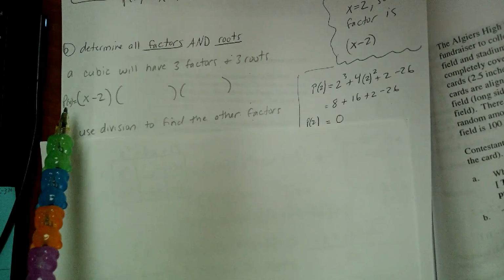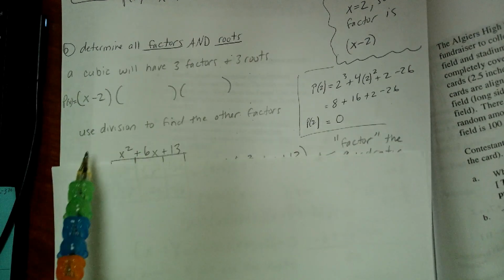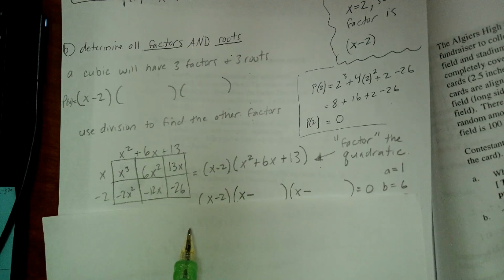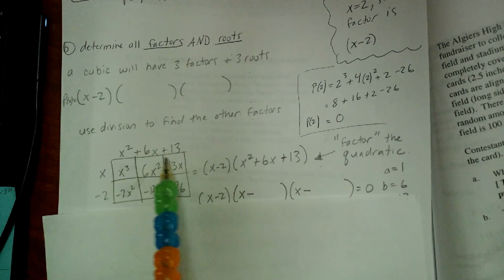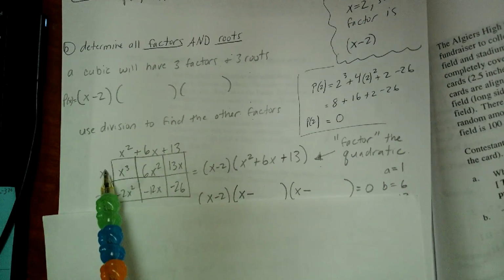The first thing to do though is just divide. This is polynomial division, otherwise known as polydoku. When we divide, we make an area model box, and we put the factor we know on the outside here.